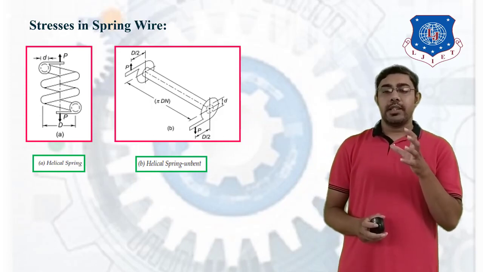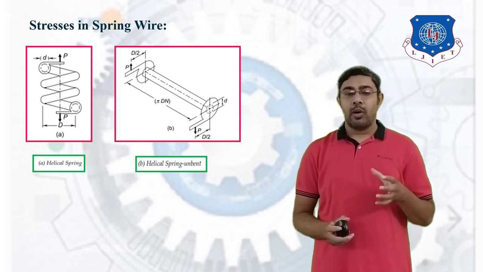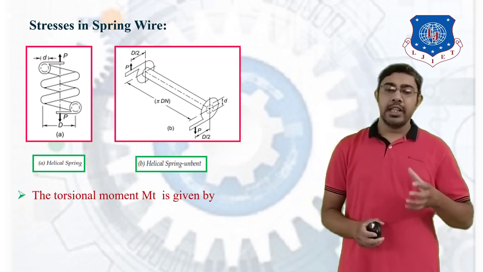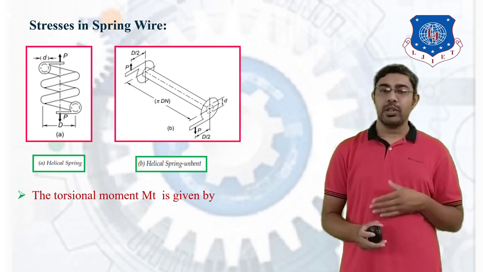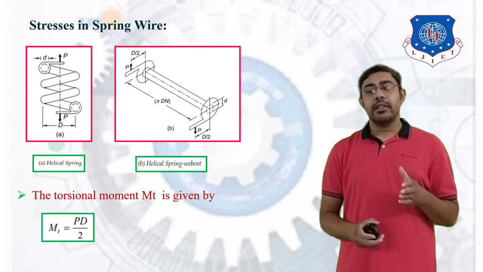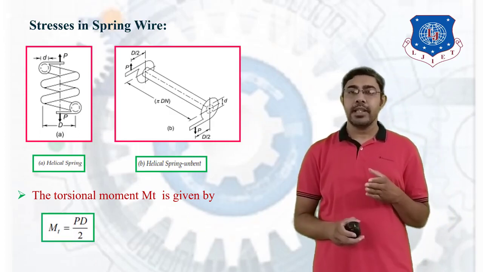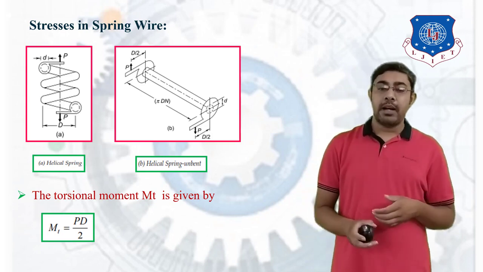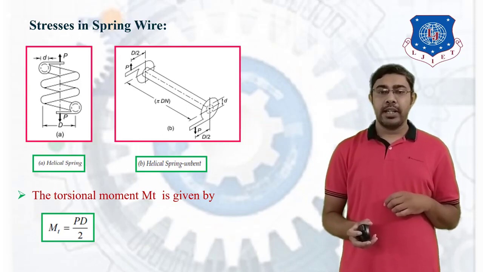According to this unbent condition of the spring, the moment MT, known as the torsional moment, is given by force into distance. Here the force is P and the distance is D by 2. So MT is P into capital D by 2. This is MT, that is, the torsional moment.